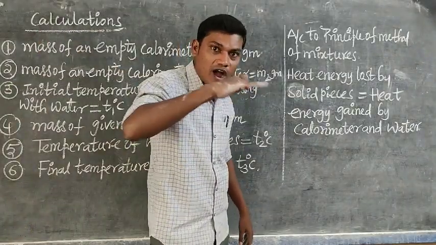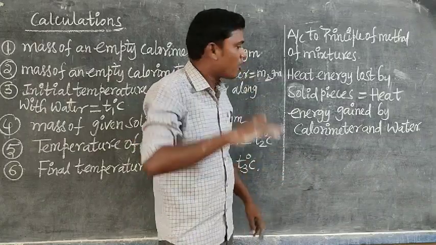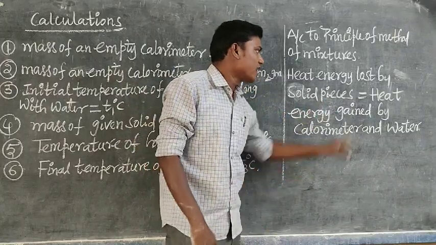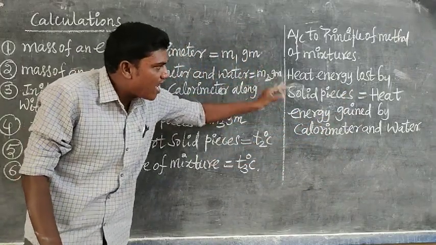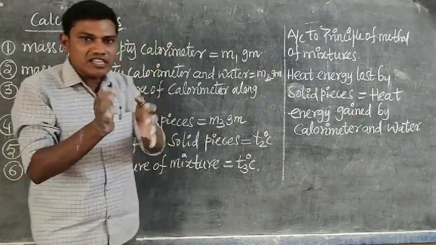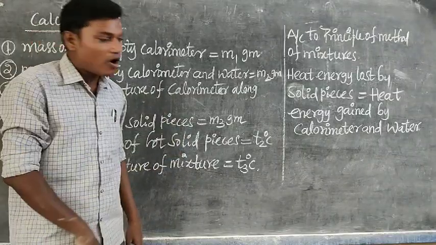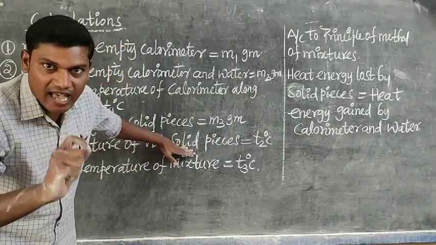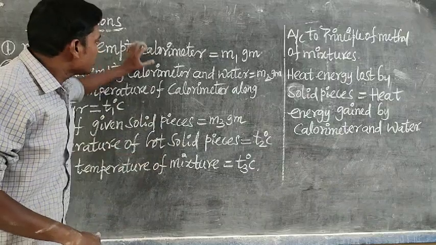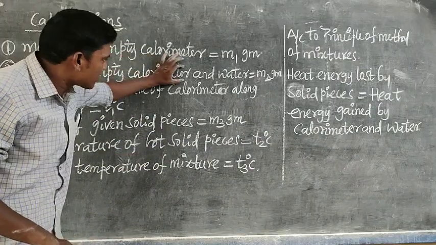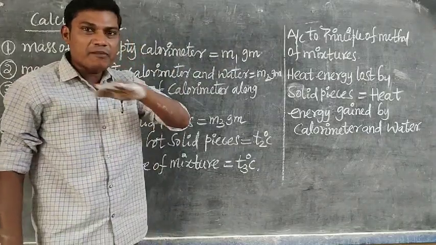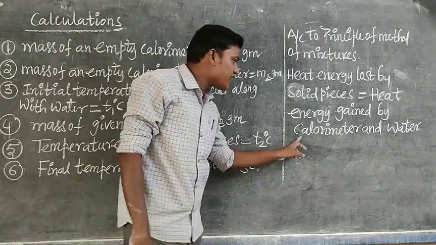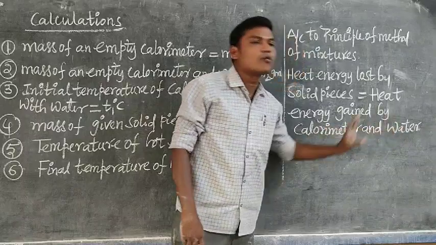In the place of the hot body, we can write the solid pieces, equal to heat energy gained by calorimeter and water. Which act as the cold bodies? Solid pieces act as the hot body, and calorimeter and water, these two act as the cold bodies. That's why in the place of cold body we can write the calorimeter and water.